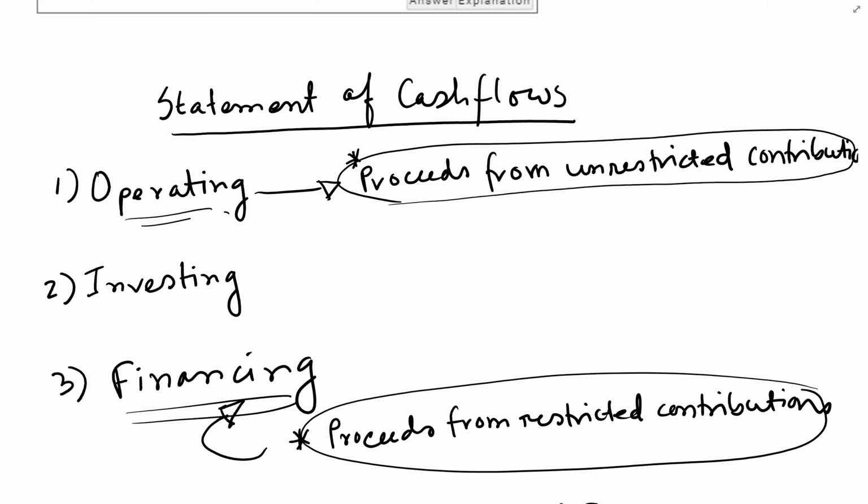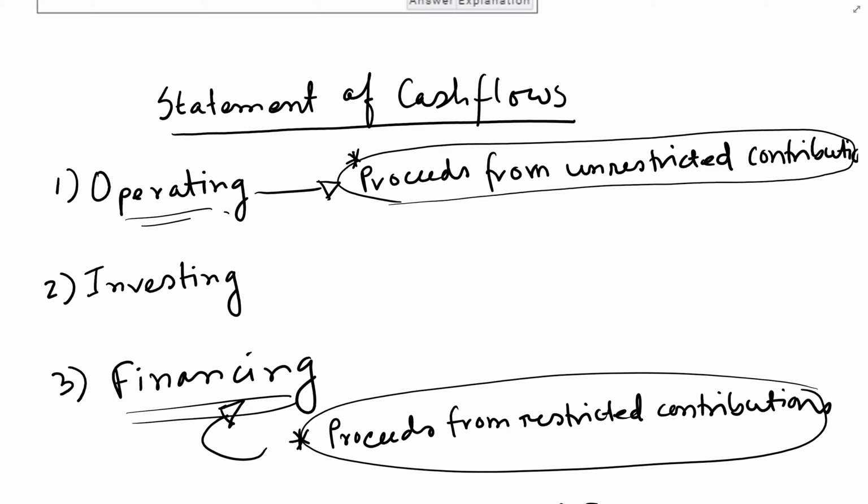So when a not-for-profit organization prepares the statement of cash flows, they will classify all of their activities into three categories. Number one is the operating activities, number two, investing activities, number three, financing activities. Like for-profit organizations, not-for-profit organizations will also include all of their cash receipts and cash payments that are related to their core operations.